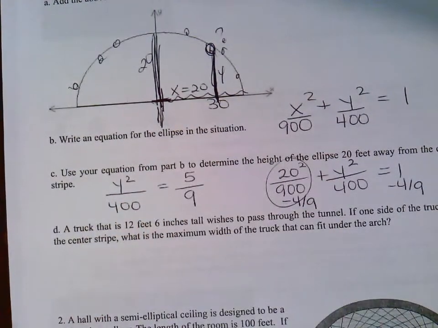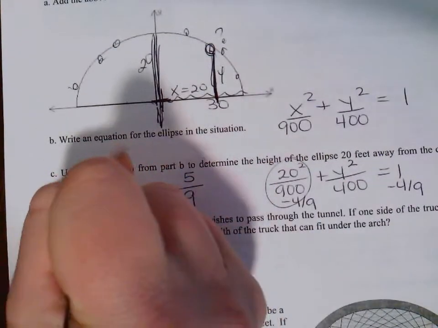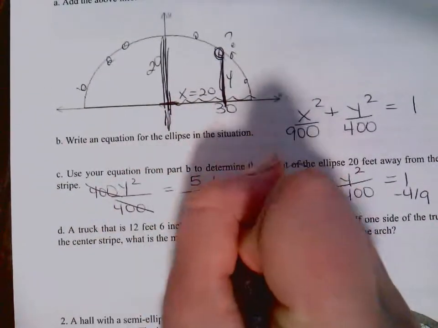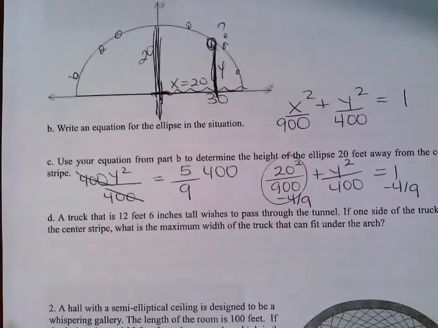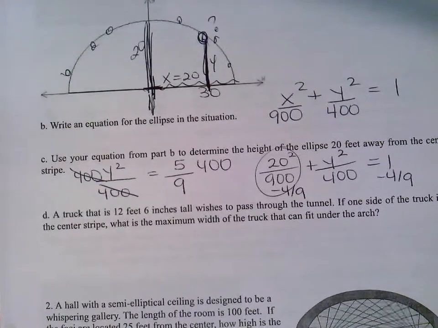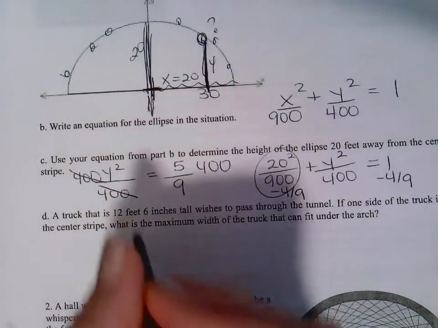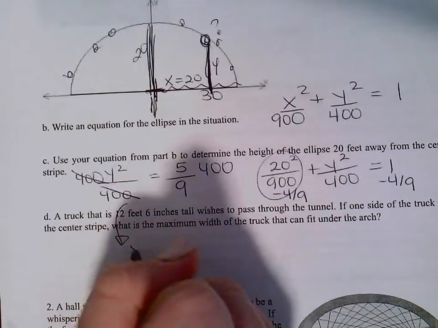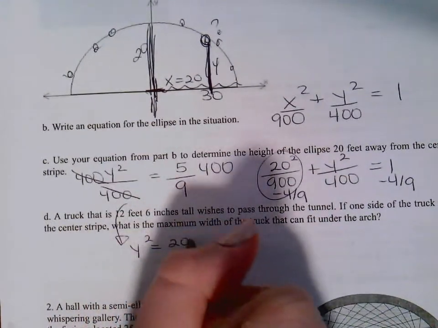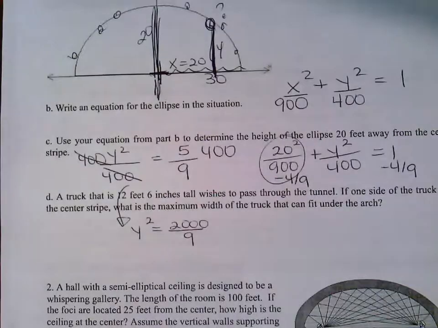You could just do it with decimals if you want. So what would be your next step to solving for y? You would have to multiply both sides of the equation by 400 to get y squared by itself. So 5 times 400 is 2,000. y squared equals 2,000 over 9, which is a decimal.